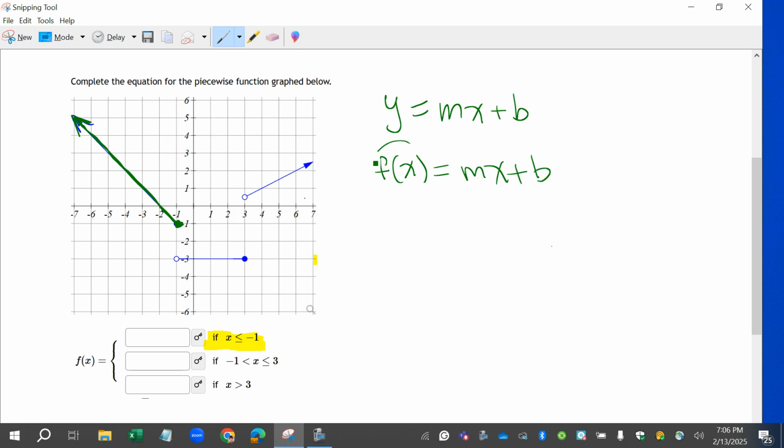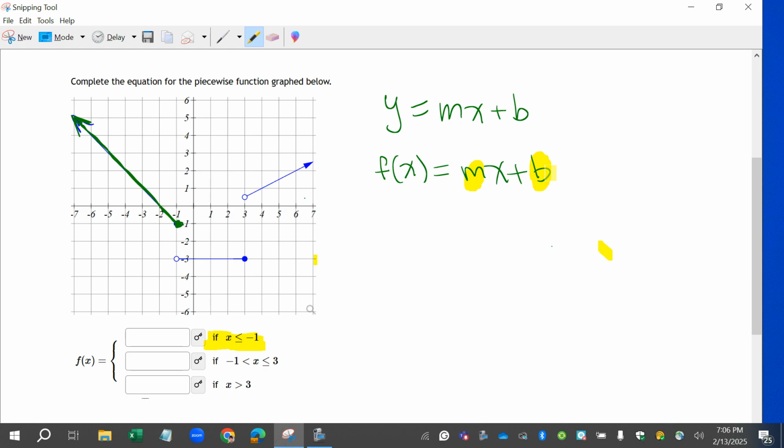Function notation is just another way of saying y really when you're dealing with functions. All right, so I know that I need to find the m, which is the slope, and the b, which will be the y-intercept of that green section of the function there.